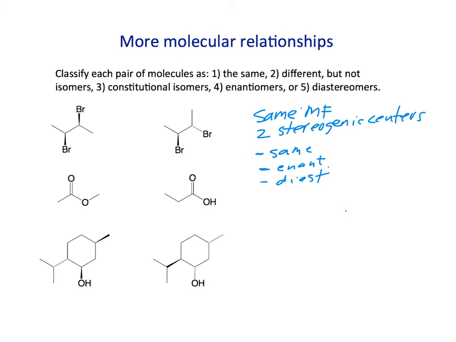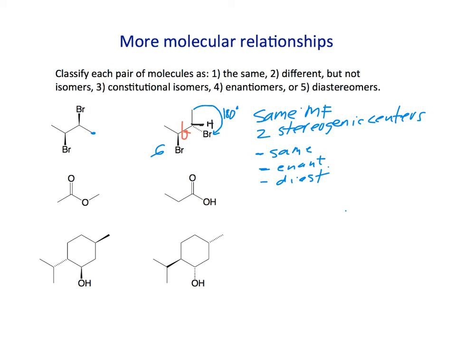All right, so we either have to figure out R and S for the different centers, or we can manipulate one structure and try to get it so it can overlap the other. And so that's what I'm going to do in this case again. I'm going to rotate around this center bond, and I want to rotate this methyl group 180 degrees so it ends up in the plane down here.